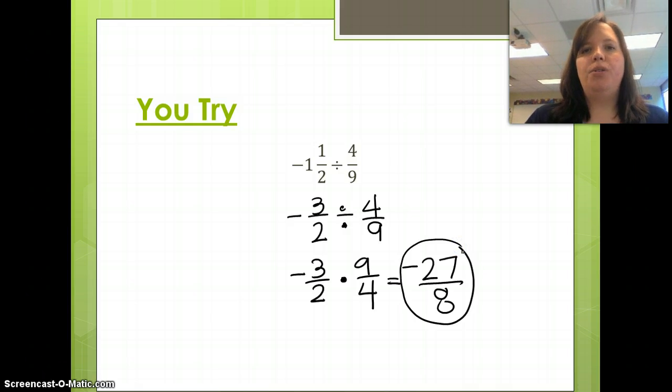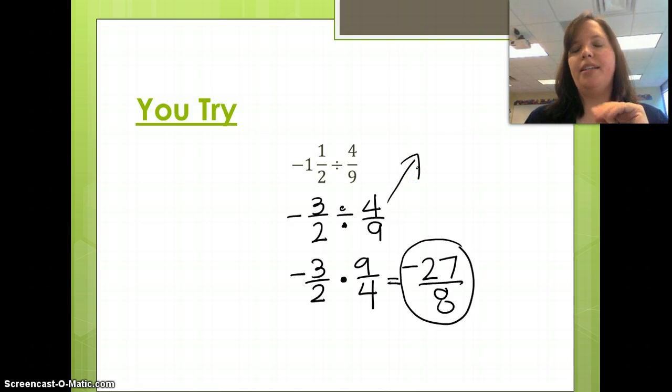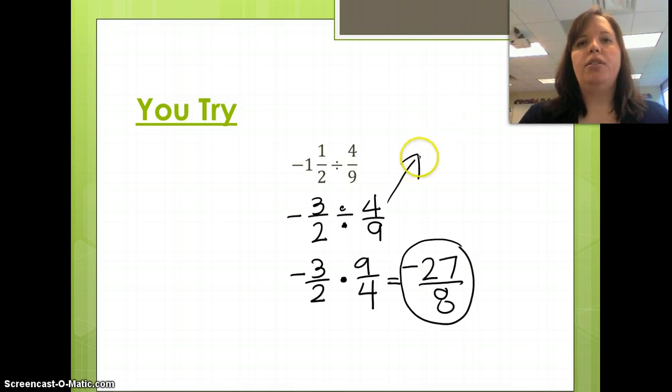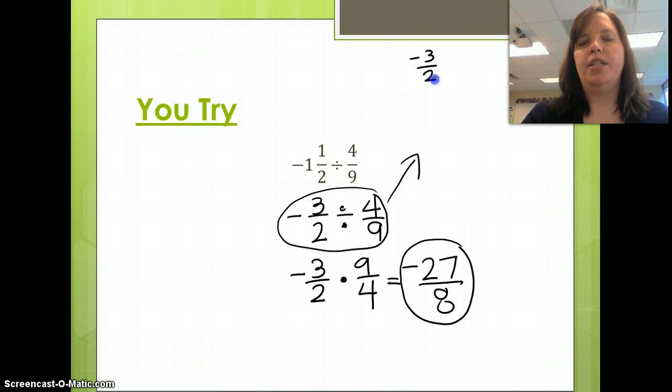I do want to show you something kind of interesting, and I saw some people use this as an alternative method. And if you feel good about that and you've got it down good, you can basically ignore what I'm saying here. But an alternative method, taking it from the point where you've turned them into improper fractions, so negative 3/2 divided by 4/9.